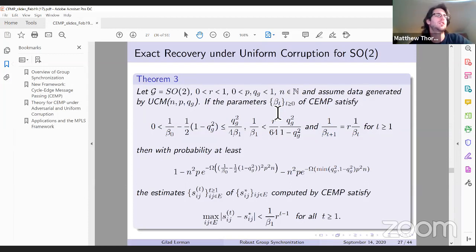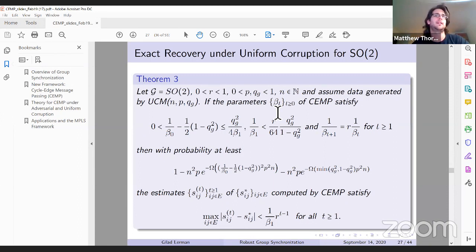Do you know if these results are sharp? You have a lower asymptotic bound on QG, but if QG is too small, do you know that this theorem is sharp?